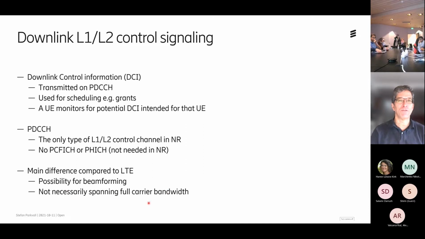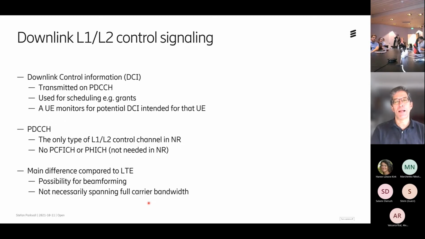We also made the structure more flexible so that we don't span the full carrier bandwidth all the time, which we did in LTE. The reason for this change was, again, the ultra lean design principle. We don't want to block resources in a fixed manner, but rather have it configurable so that we can make room for future features.